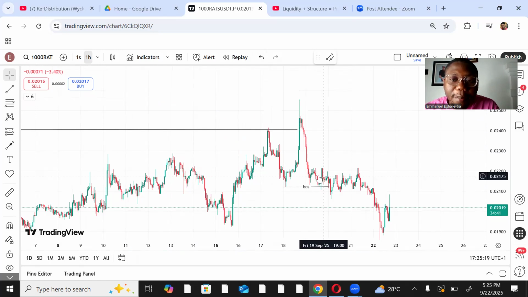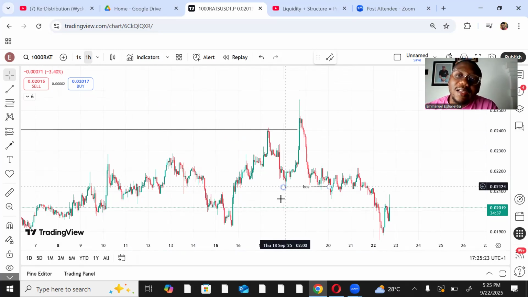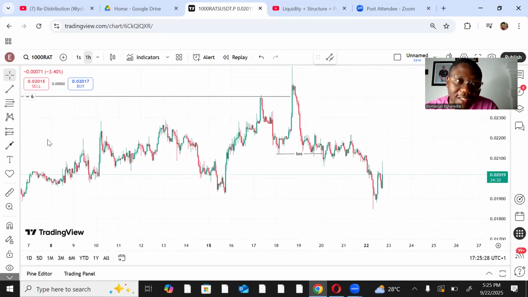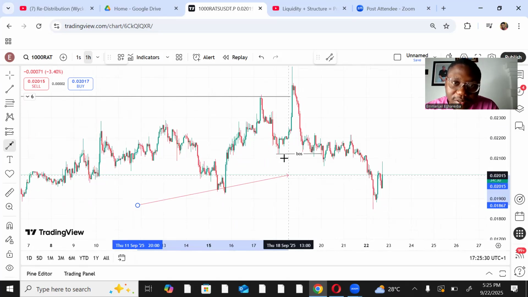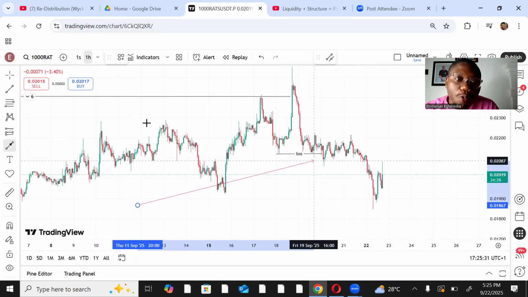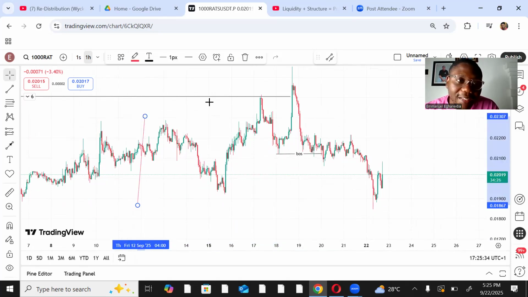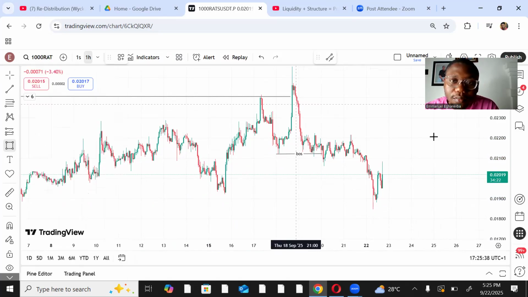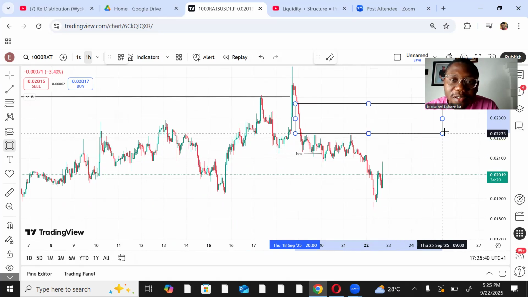Now, remember, price will do two things: sweep lows or highs and fill up inefficiency. Now, it has done the very first part here. So we want to see price come back again to fill up all of these inefficiencies, these gaps.